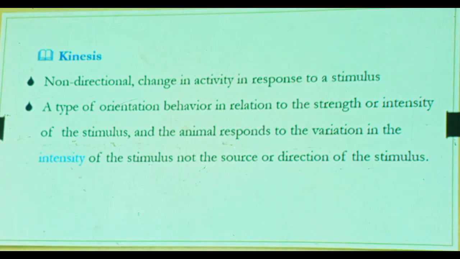If the intensity of the light is increased, its activity also increases, because the burning action is much stronger. So they show kinesis, moving here and there, and just by chance they may reach a safe environment. Otherwise, it is not a directional response.